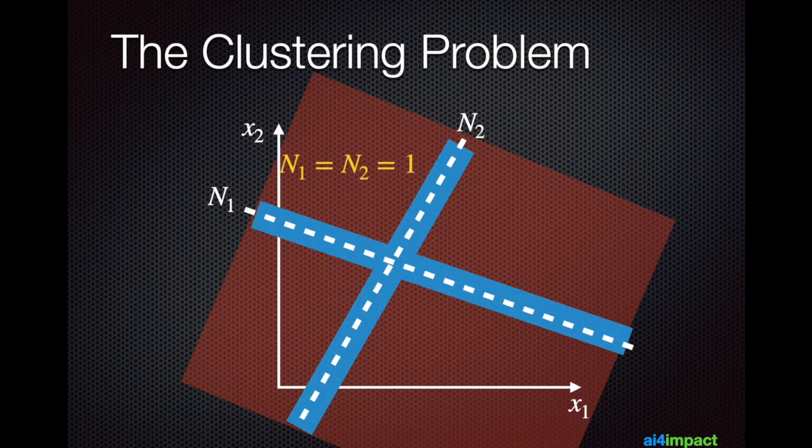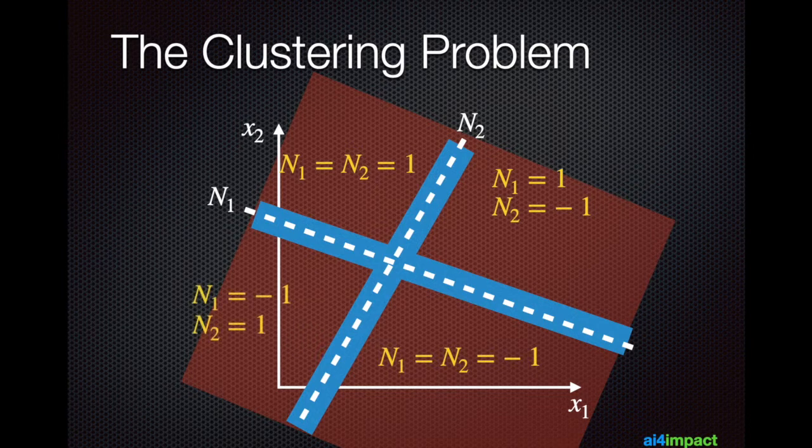In the first region, N1 and N2 are equal and they both saturate to 1. In the next region, N1 saturates positively because the dot product is bigger than 0, but N2 saturates at -1. And similarly, you get different relationships for different regions.